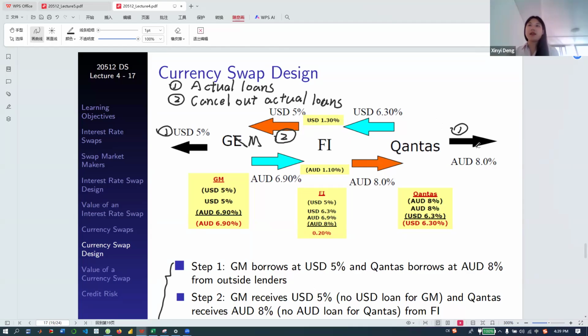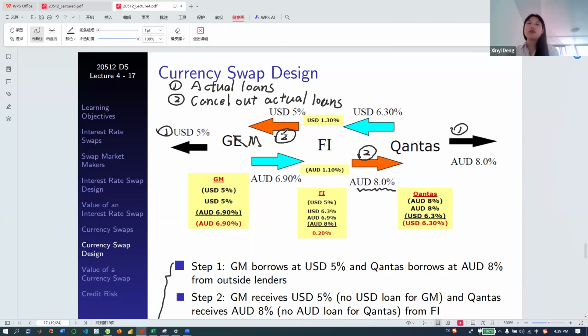the loans for Qantas. So since Qantas is paying out 8% for the AUD principal, therefore from the financial institution, Qantas is also receiving that 8% of AUD. So this 8% here, that's one of the second steps.